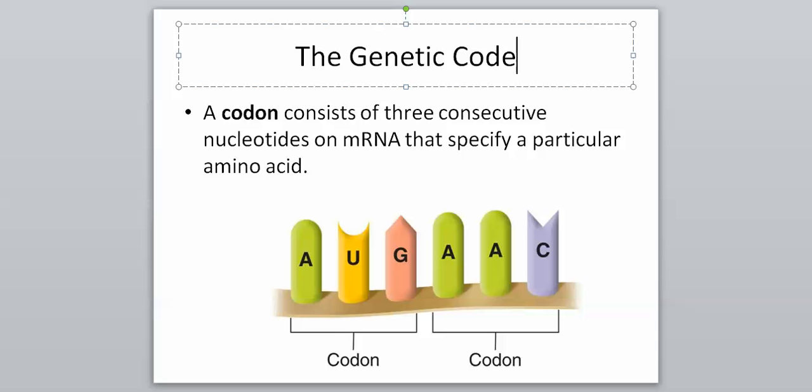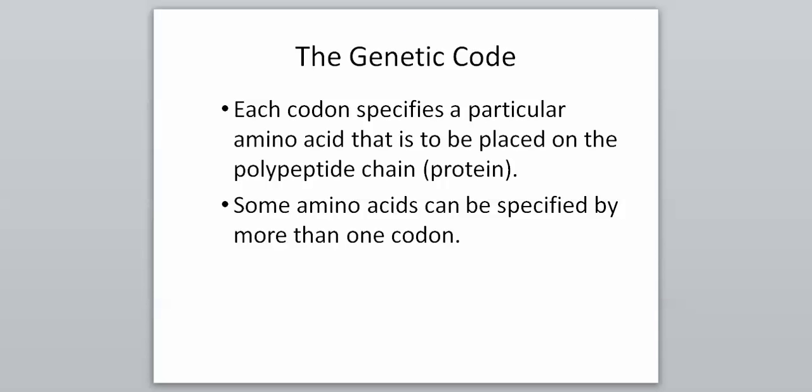So in order for us to make proteins, we need amino acids. In order for us to make amino acids, we need codons. So these codons specify what amino acids to make. Each codon specifies a particular amino acid that's to be placed on a polypeptide chain. A polypeptide chain is just a fancy way to say protein.